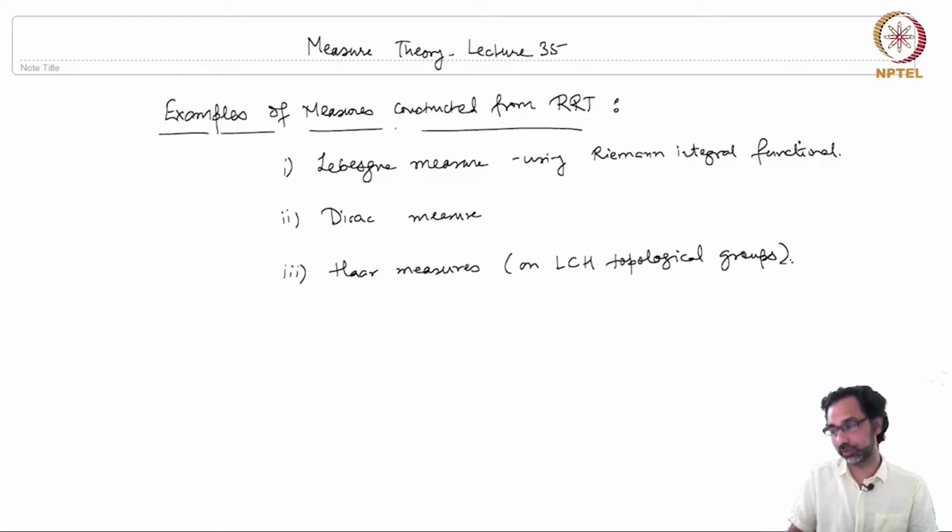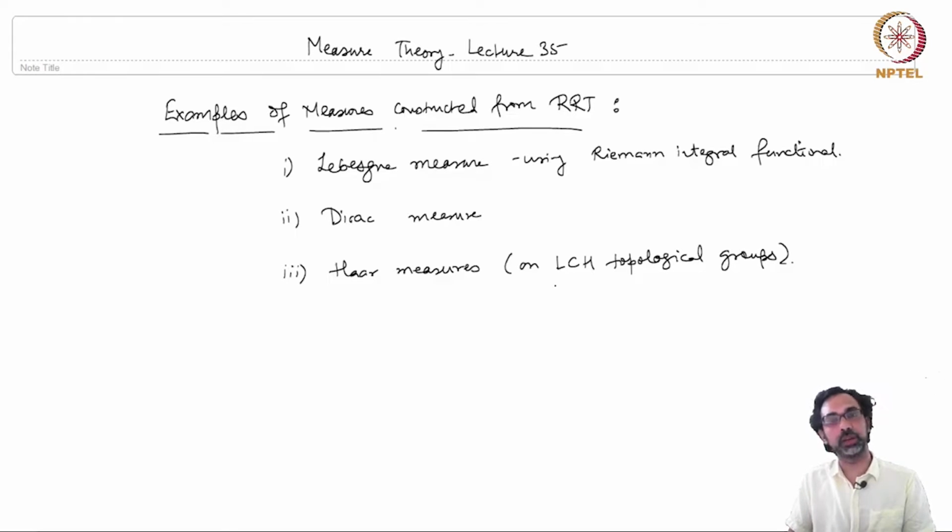These are groups which have an underlying space with a topology. So the underlying space of the group is a topological space, and it is locally compact Hausdorff. In a topological group, the group operations are continuous with respect to the topology.